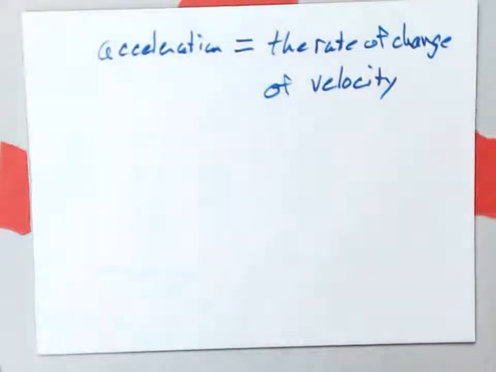In everyday language, acceleration is usually taken to mean speeding up. And if we're not speeding up, we say we're not accelerating. But we'll find out in physics that there are actually other ways to accelerate as well.